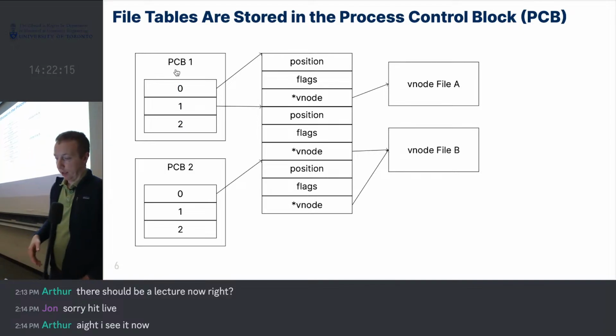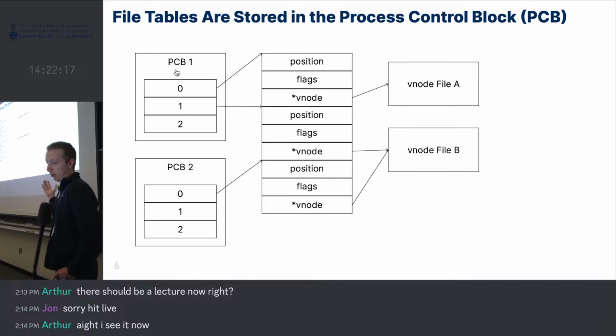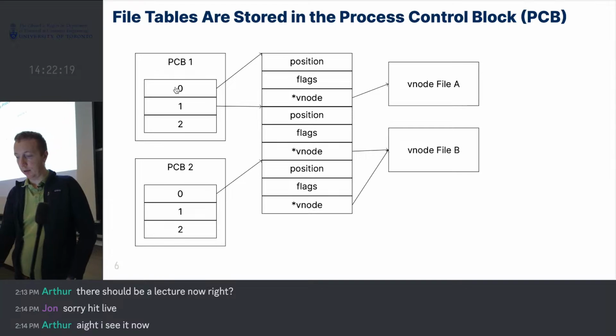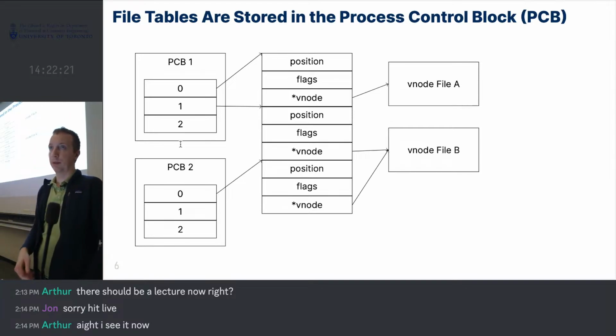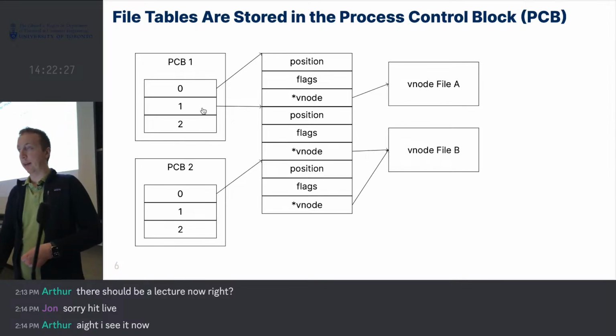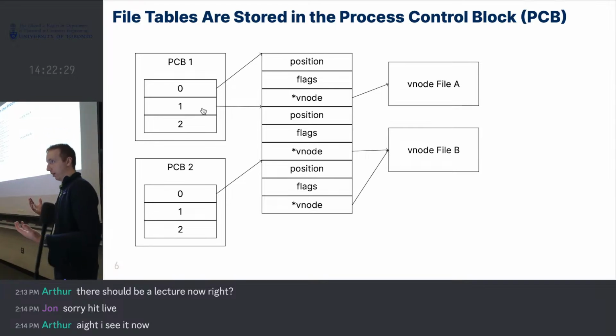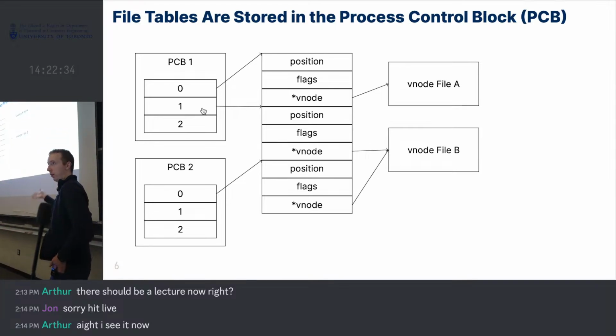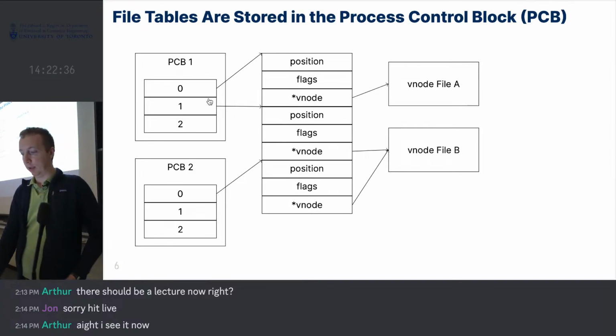In this case, I have the process control block for process 1, and it has 3 file descriptors, 0, 1, and 2, which are our friends standard in, standard out, standard error, and they actually just point to things. I told you before, you can think that they just point to things, so this is where we can see what they actually point to.